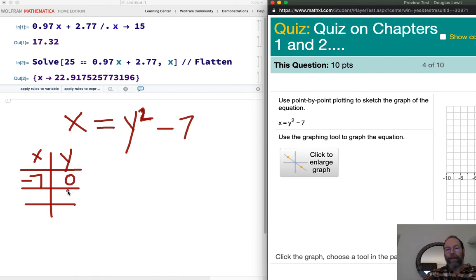If y is equal to 1, we have 1 squared minus 7, and 1 minus 7 is negative 6. Then what happens if y is equal to negative 1? Well, negative 1 squared is still 1, and 1 minus 7 is negative 6. These are going to be my 3 points.